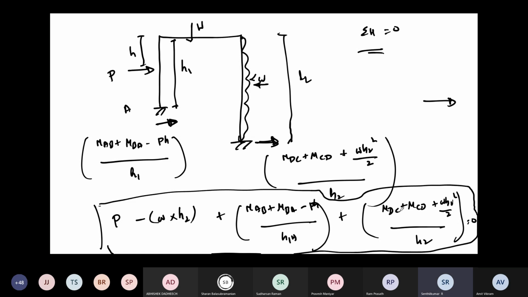So for example, what will be your shear equation for this problem? What will be your shear equation now?